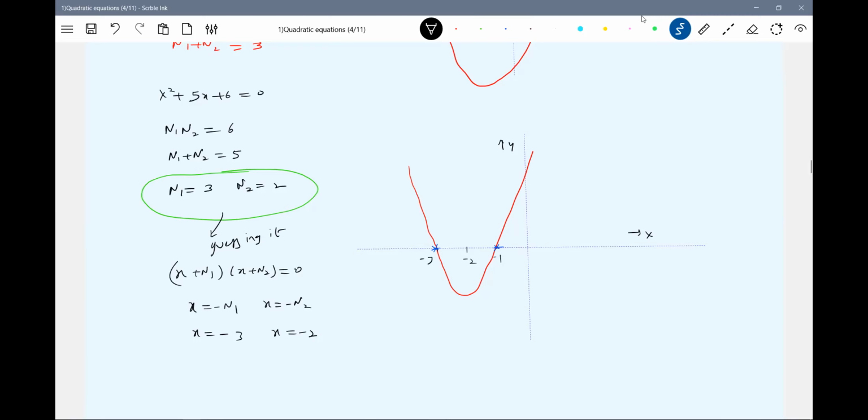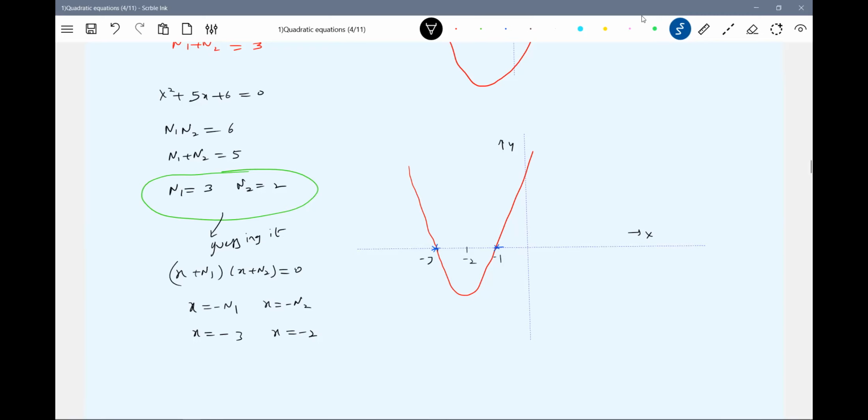One is x equal to minus 1. Yeah, 2 roots, I got it. 3 and minus 5. So what does it mean again? Let me plot this curve.